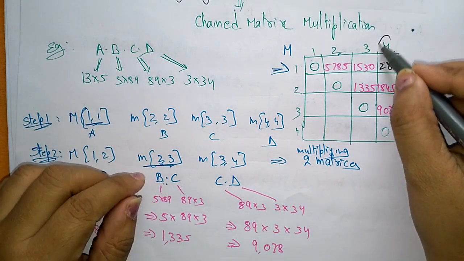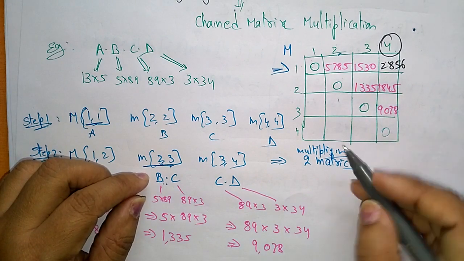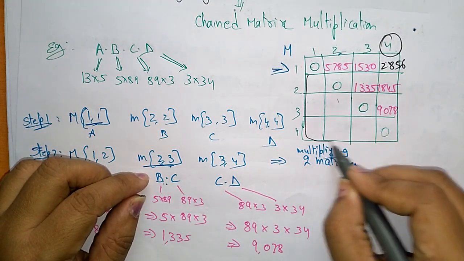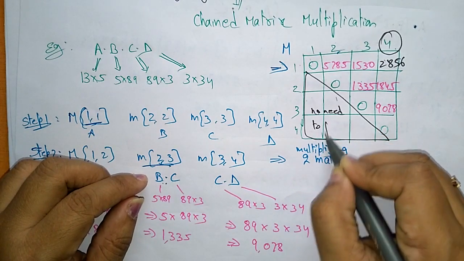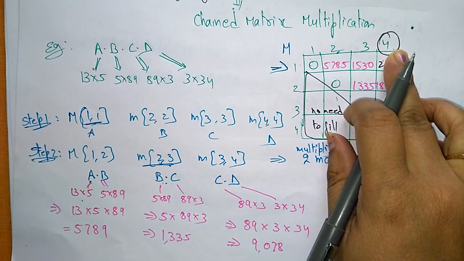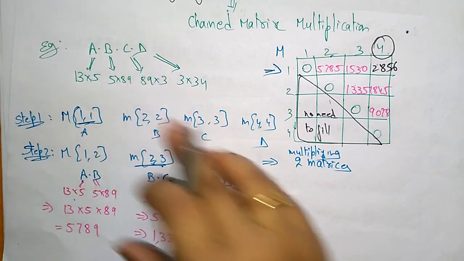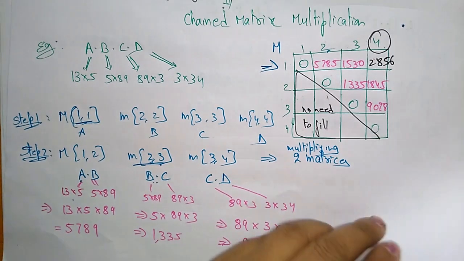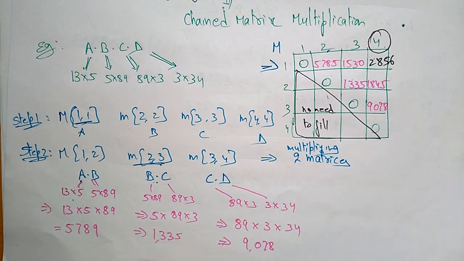Okay, so we want these values to be correct. You don't need to fill the lower diagonal, no need to fill it, because we have to find only the cost of the four matrices. So which sequence has the least cost? Okay, so this is about chain matrix multiplication.